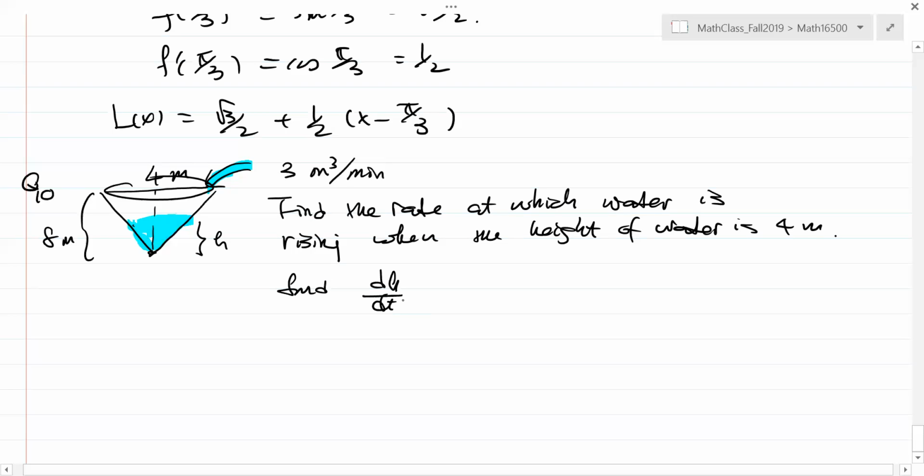Another question is how to pump water into the tank so that the water is rising at a constant rate. Then you have to pump more water, increasing the rate of the water flowing into the tank.